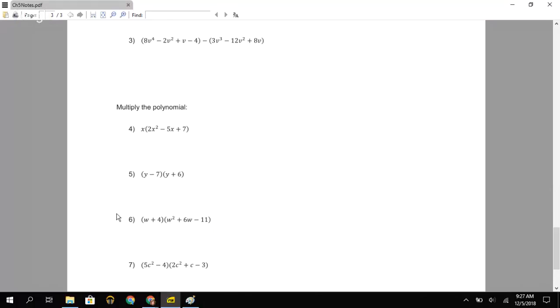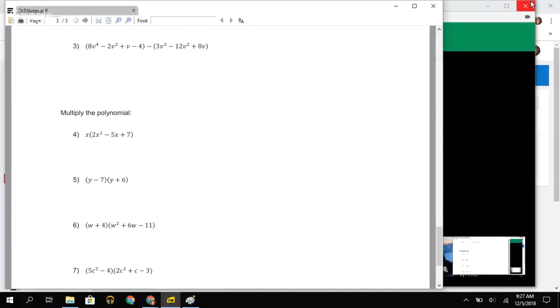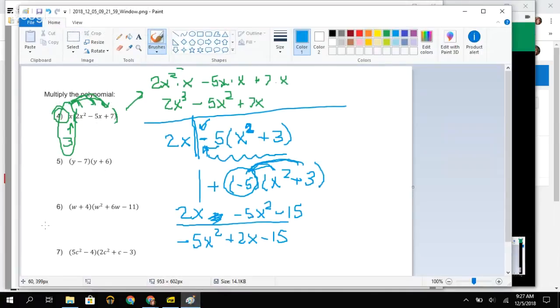Number 5. What happens when we do number 5? Does anyone know when they see number 5? Oh, I know what to do. Or you're like, I know what to do and I don't want to do it.